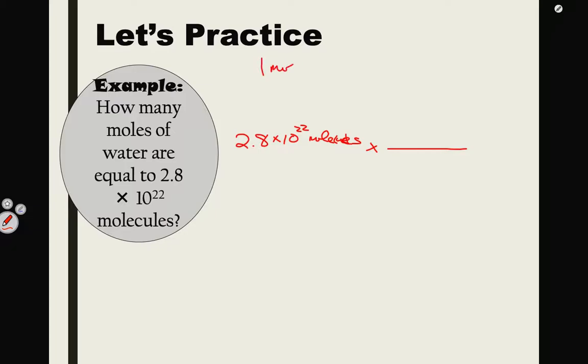My equivalency, again, is 1 mole is equal to 6.02 times 10 to the 23rd molecules. If my unit here is molecules, that tells me what goes on bottom. So my molecules go on bottom, which is 6.02 times 10 to the 23rd, and 1 mole would then go on top.